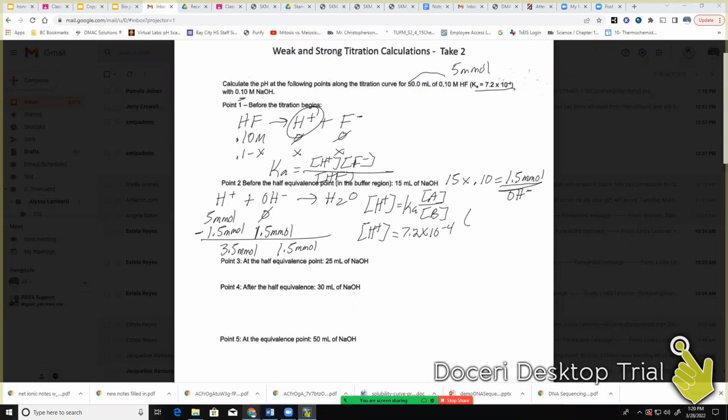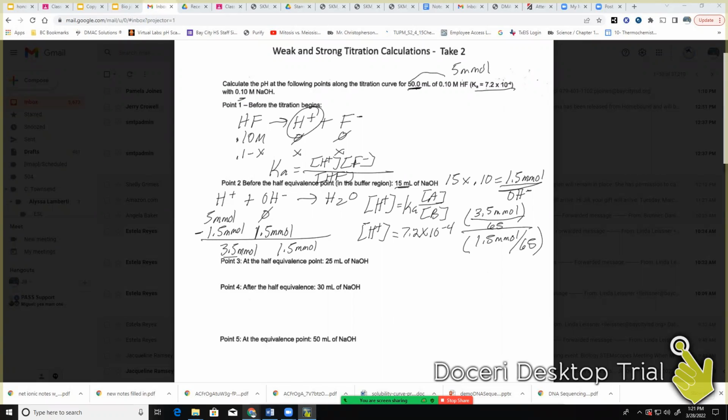Now my acid, I have 3.5 millimoles, but I need a concentration here, so I need to divide it by my total volume. I had 50 mL to start off with, and then I added another 15, so that's 65. I'm going to do the same thing for my base. My base, I have 1.5 millimoles, and my total is that same 65 because these two are being mixed together.